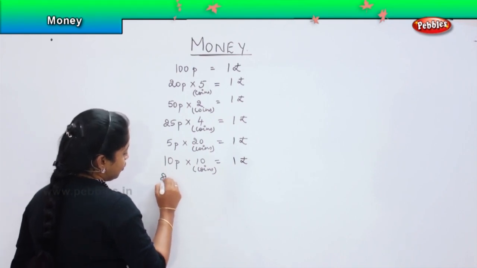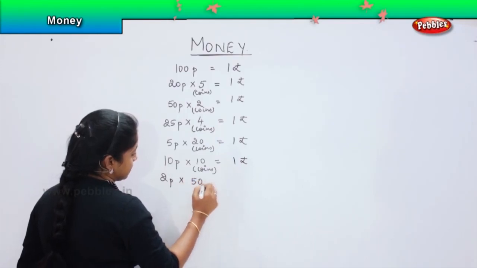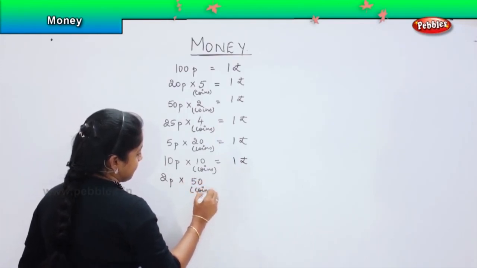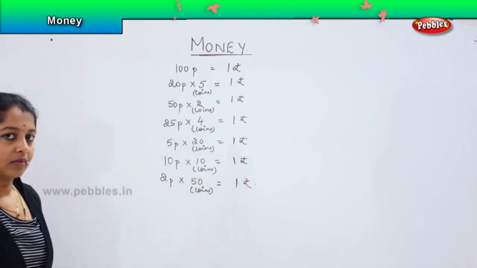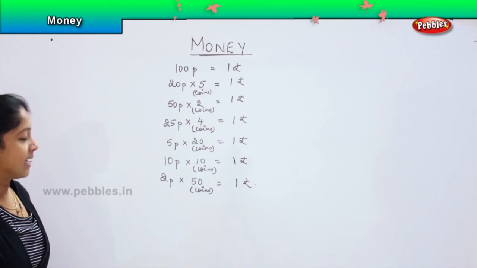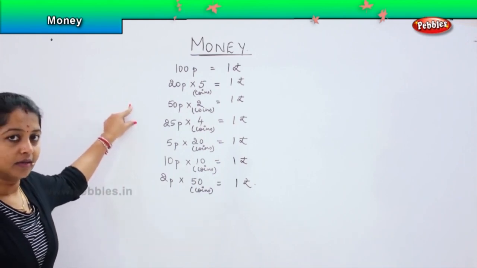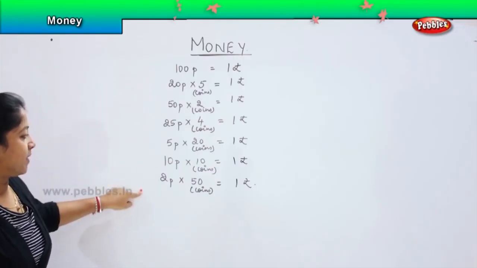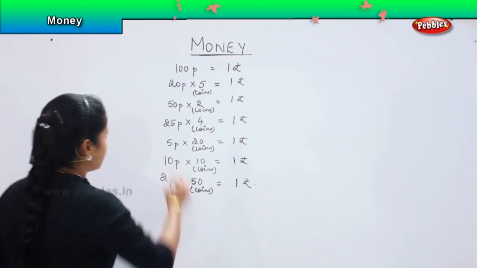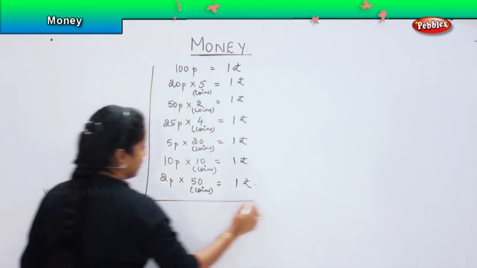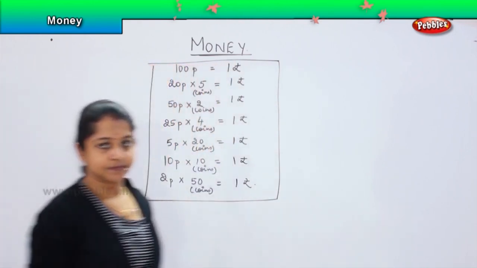So 2 paise, 50 coins makes 1 rupee. Okay. So if you remember, I said earlier the different denominations which we had, no? So this is the denomination which will be equivalent to 1 rupee. Okay. So based on this particular formula, we are going to solve our today's questions.